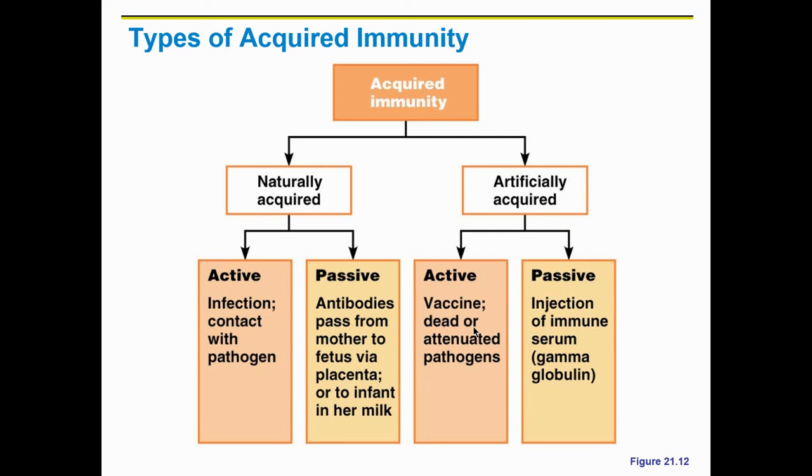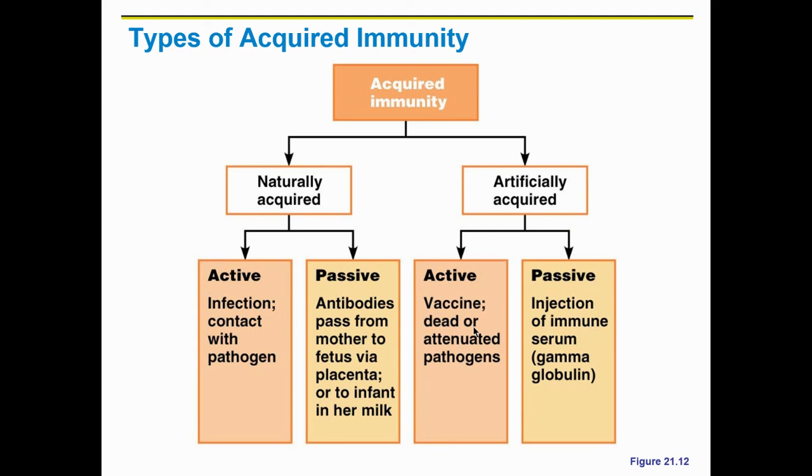So if we go back to COVID again, you probably have heard of convalescent plasma. Convalescent plasma is artificially acquired passive immunity. You've heard of the vaccine. When you get the vaccine, that's artificially acquired active immunity.